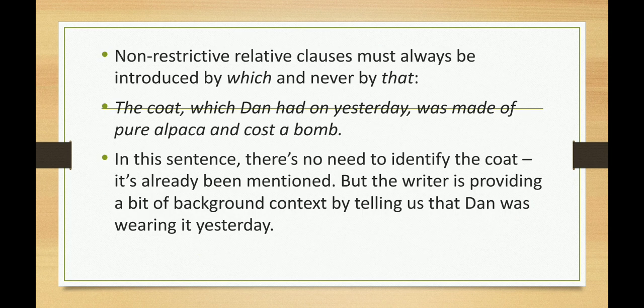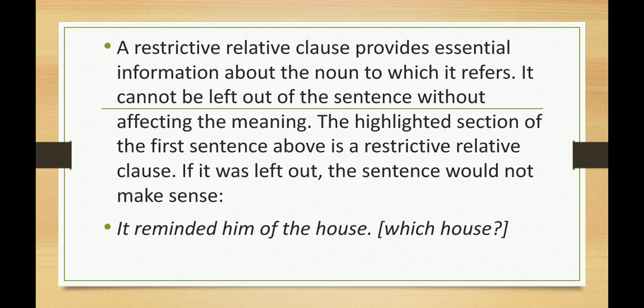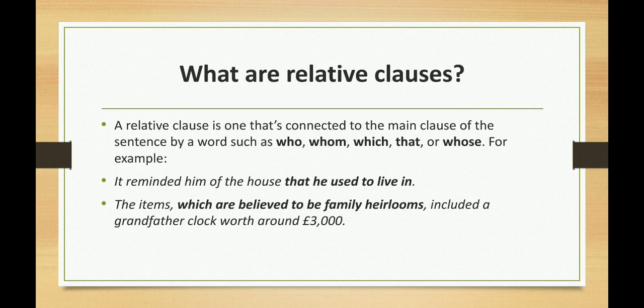So this was something about relative clauses. First we discussed what relative clauses are, then we went to their types. Quickly recapitulating: a relative clause is the clause which is connected to the main clause by words like who, whom, and that.